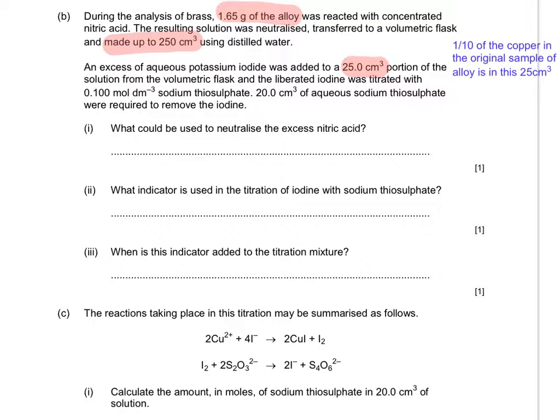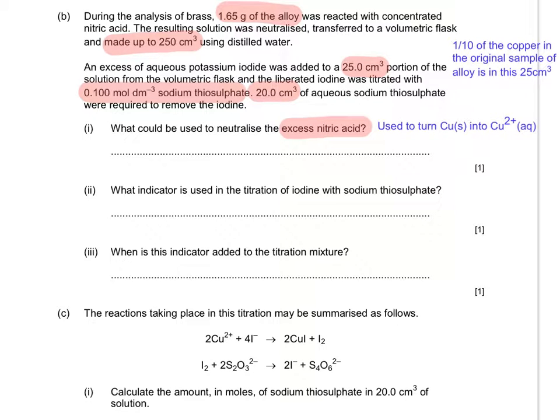So it tells you that it's been titrated with 0.1 mole per decimeter cubed of sodium thiosulfate, and that 20 centimeters cubed of that aqueous sodium thiosulfate were used to remove the iodine. Now the excess nitric acid, don't forget, was used to turn copper into copper 2+.